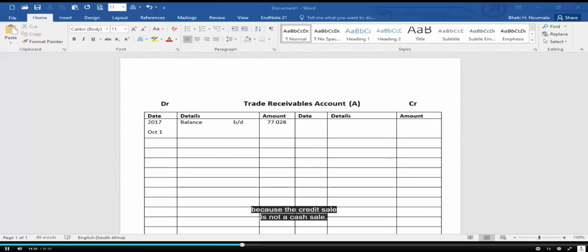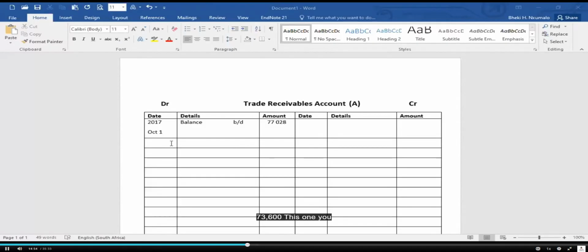When you charge your debtors, you increase their debt because they owe the business. Amount is 73,600. For this one, you put only the last day of October, the 31st of October. And then you put the contra account. These are sales.